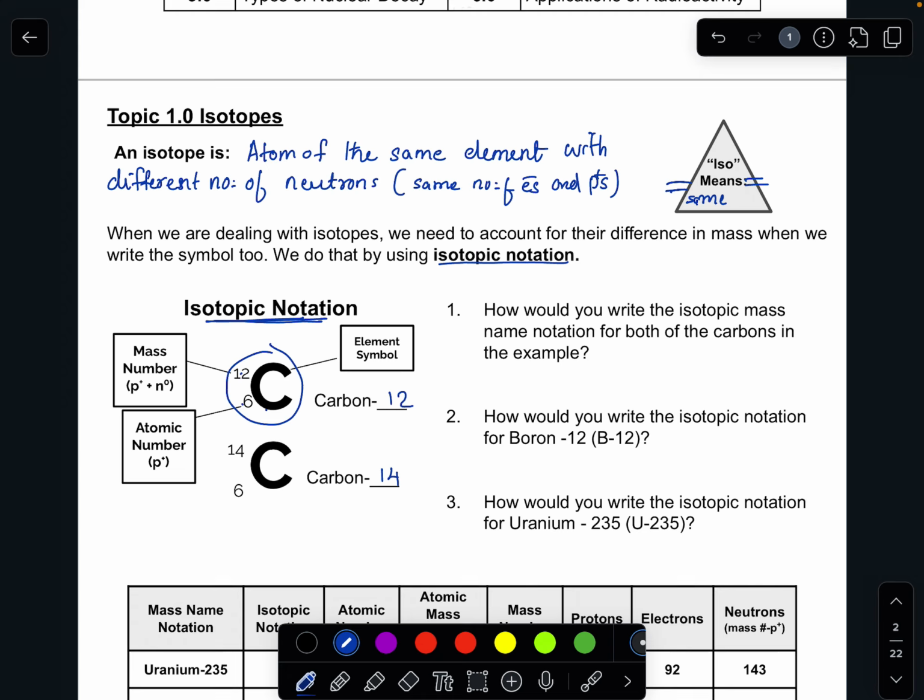So how do you write the isotopic mass name notation, or what is called a hyphen notation? That means you are writing with a hyphen. So the answer, we already wrote that. Carbon, then put a hyphen and write the mass number. This is the lighter isotope because the mass number is less, fewer neutrons, and this will be the heavier isotope.